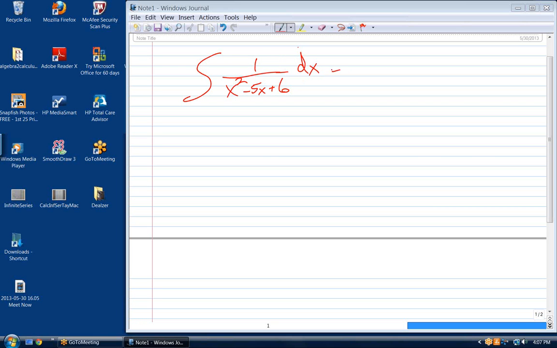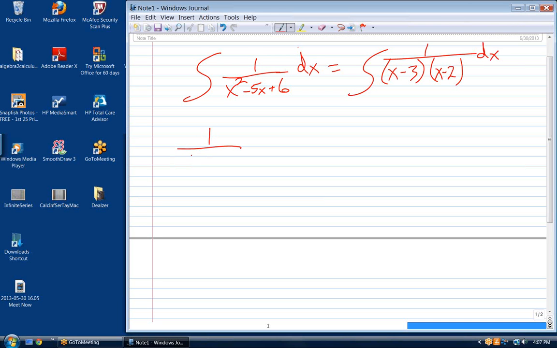Okay, if you factor that, what do you get? X minus 3 times X minus 2. Okay. So that's the first step. And then we want to figure out how to represent that as the sum or subtraction of two quantities.